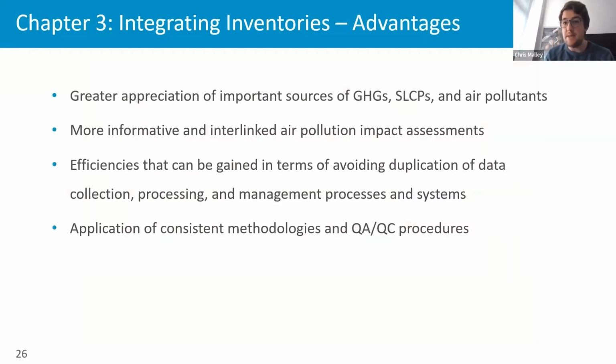And so the first step in integrating greenhouse gases, short-lived climate pollutants, and air pollutants together is often the development of an integrated emission inventory. And Justin is going to talk about how the information in the guide helps us to understand how that can be achieved.